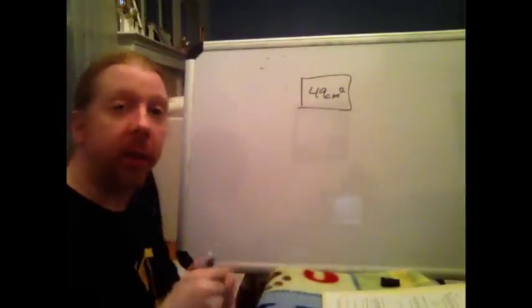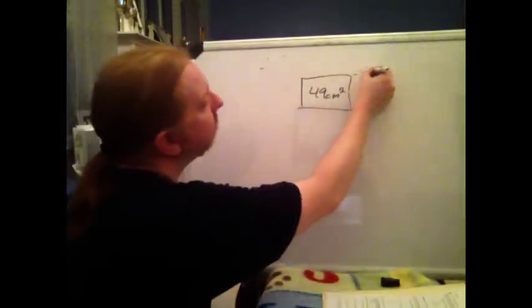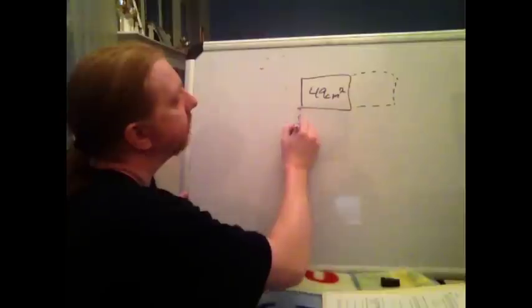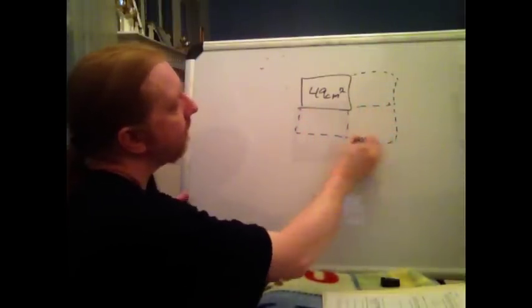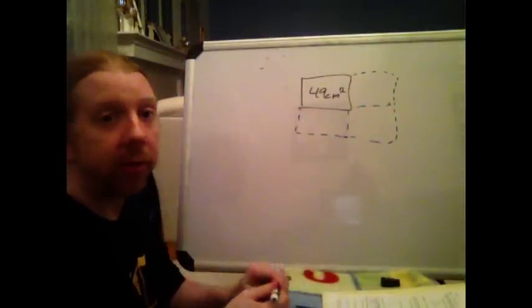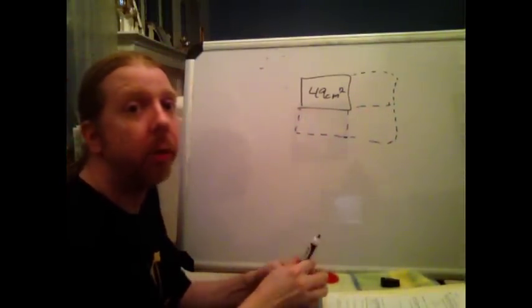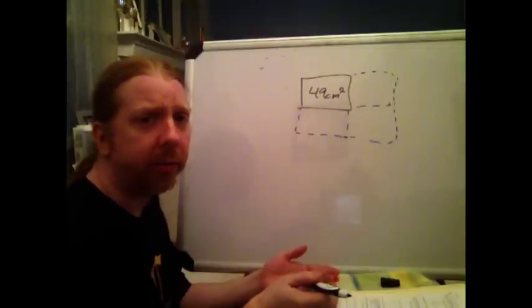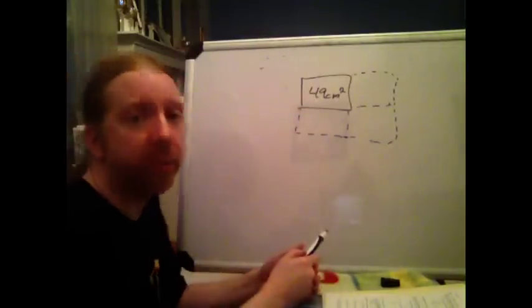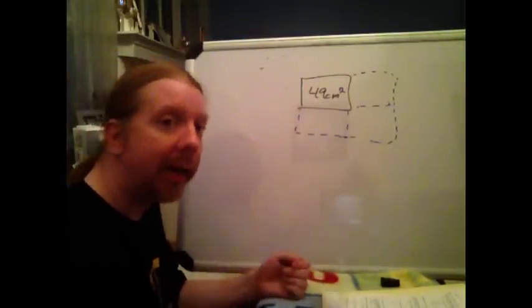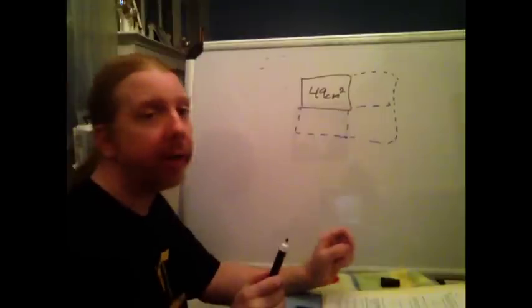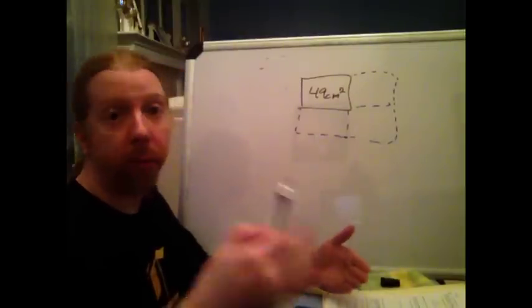Now again, if I'm thinking brute force, that might mean drawing it all out. So there I've now drawn something that has 4 times the area. The question is, how have I modified the linear distances? How have I modified the dimensions of my original square? And again, I can work it out by using the numbers, or I could think about the rule.